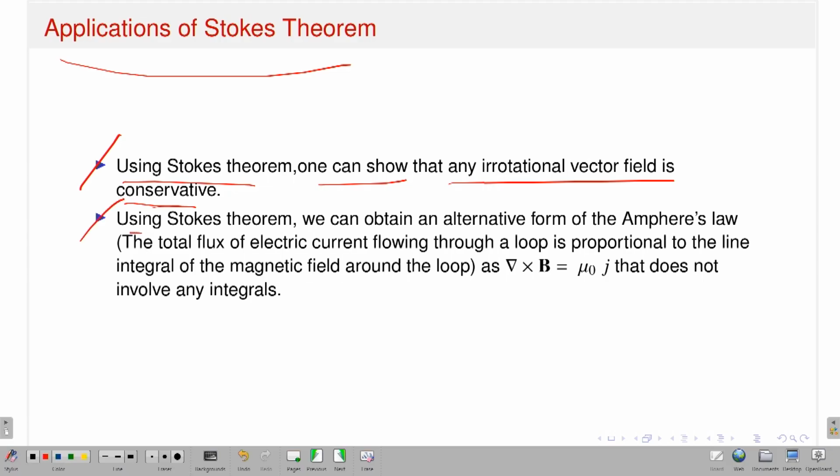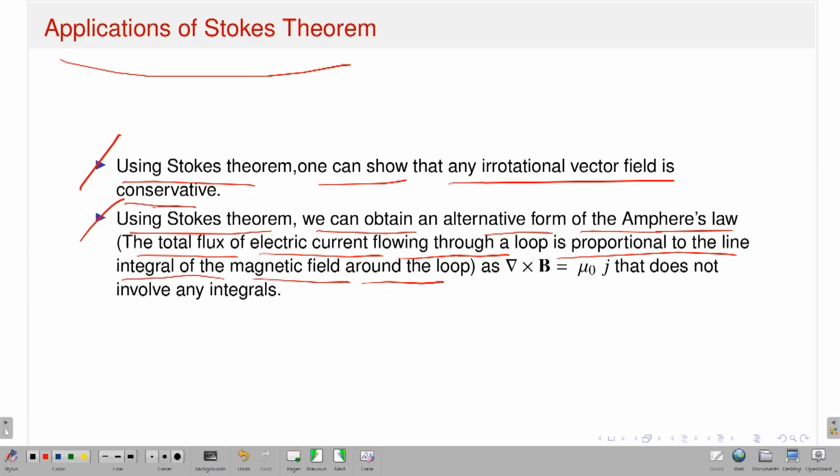Another one, it says that using Stokes theorem we can obtain an alternative form of Ampere's law. That means the total flux of electric current flowing through a loop is proportional to the line integral of the magnetic field around that loop. The right hand side is the surface integral, that means I am talking about the total flux.